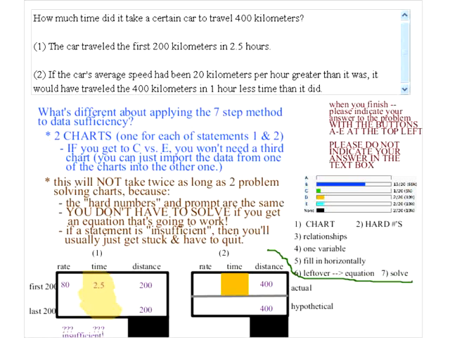So the hypothetical is 20 kilometers per hour faster. That's supposed to be an equal sign. That's a relationship, and then the relationship between the times is it would have taken 1 less hour. So hypothetical equals 1 hour less.